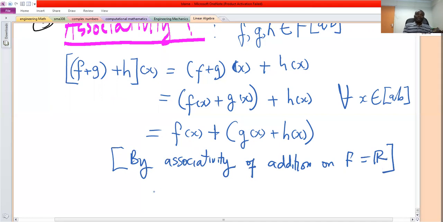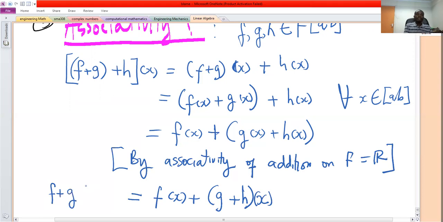So the next step from here, if this result was from here, then this must be the result from f of x plus g plus h of x. I remember we came from f plus g and then plus h of x.